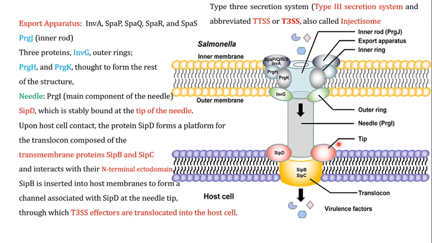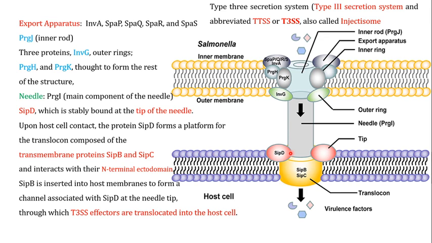Now on the tip of this needle, you have this special protein which is known as the SipD, that will be present on both sides, and this SipD is stably bound at the tip of the needle. Now upon host contact, this protein SipD makes a platform for the translocon, and this translocon is composed of the SipB and the SipC.